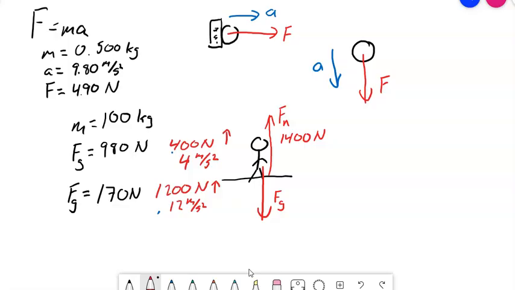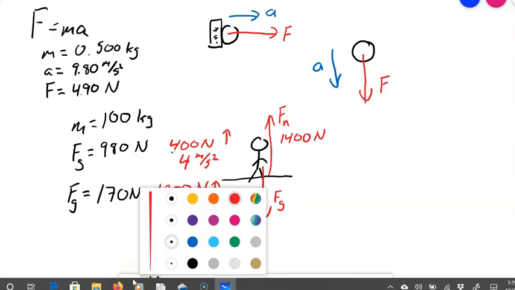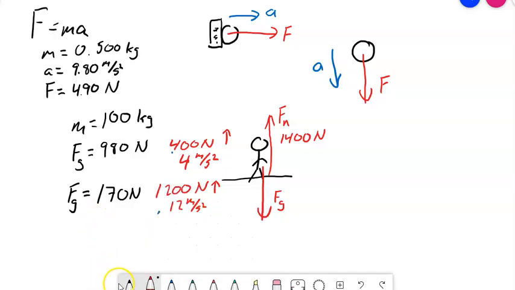And how is weight related to the acceleration due to gravity? Well, that's a fairly simple equation. All we've got to do is take a look at our equation, F equals ma. So that means the force due to gravity divided by the acceleration due to gravity is going to be equal to the mass.